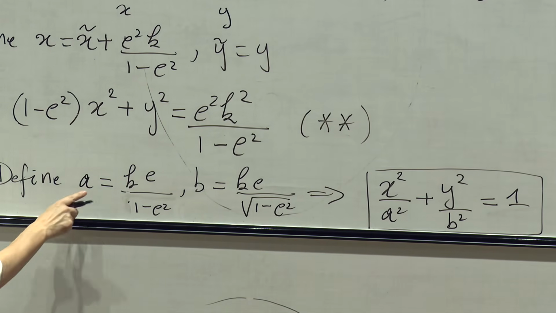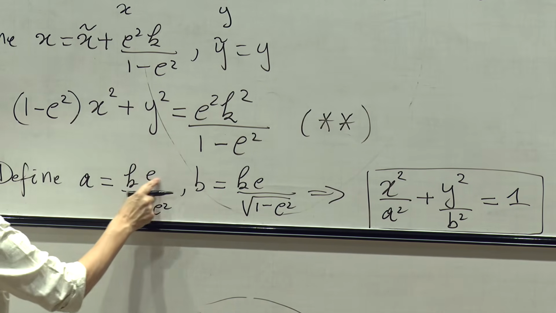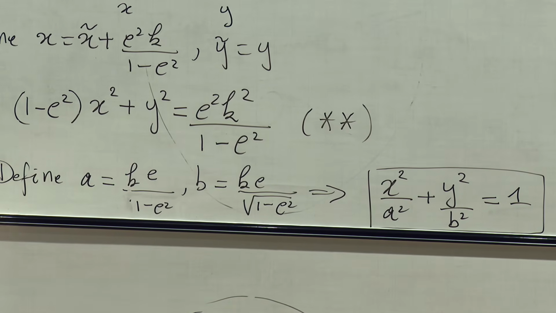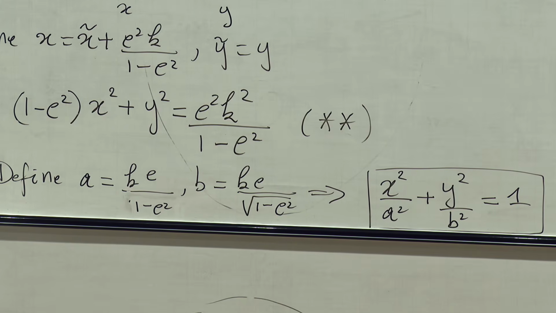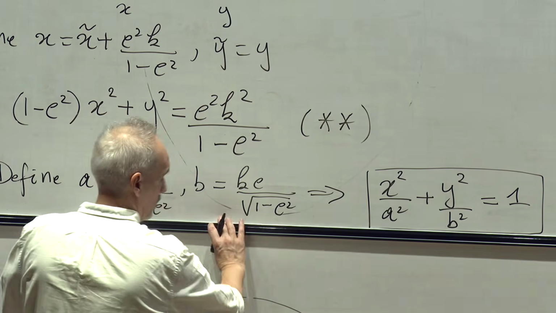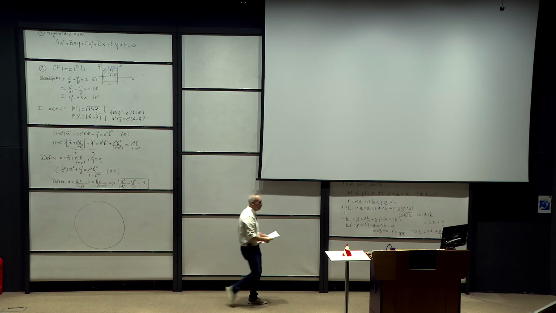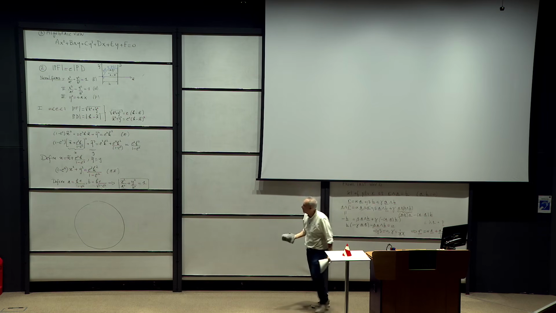And now we have the relation between the semi-axes A and B, the eccentricity and the distance to the directrix. So in terms of drawing, what are A and B?